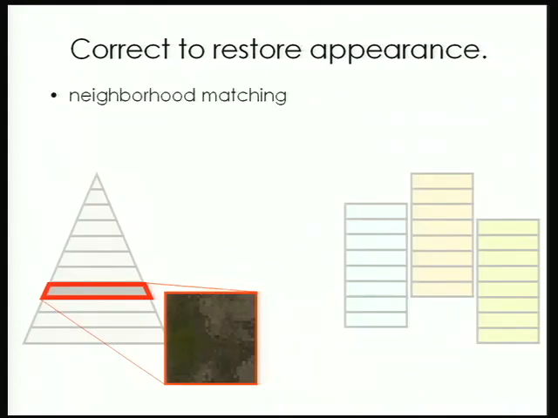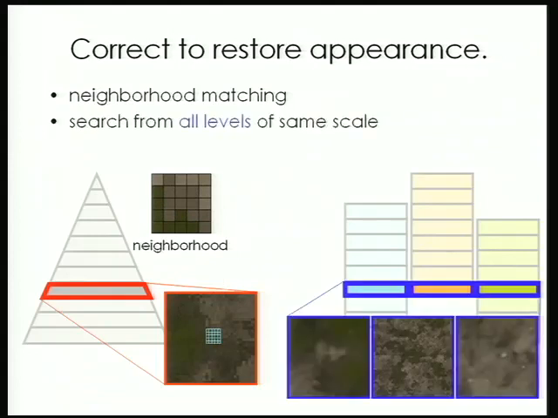Now, intuitively, we want every neighborhood locally in our output to resemble some neighborhood from the input, from the exemplars. So we're going to collect at each pixel the 5x5 neighborhood around it, and we want to find the best matching neighborhood from some level in our Gaussian stacks, and specifically those having the appropriate physical scale for our current level.